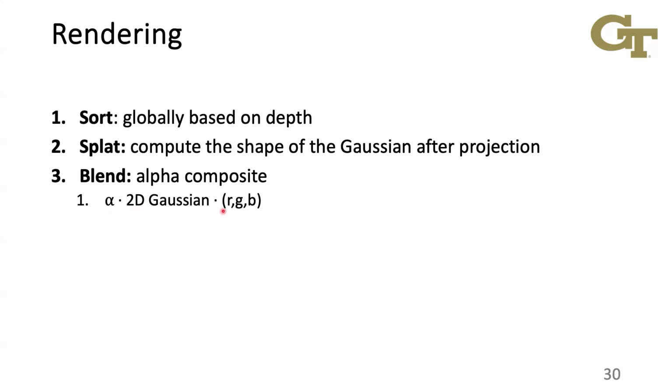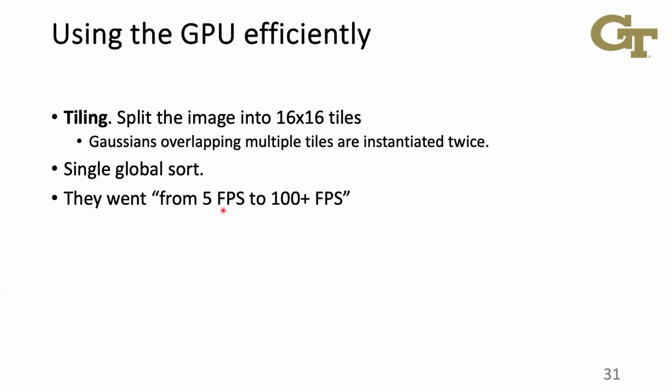Each Gaussian also has, for our purpose, an RGB color, because by this point we translated the spherical harmonic coefficients into RGB colors, since we already knew the direction of our ray and our camera. That was the whole point. So at this point, we essentially have a 2D Gaussian with an RGB color and some opacity for each Gaussian.